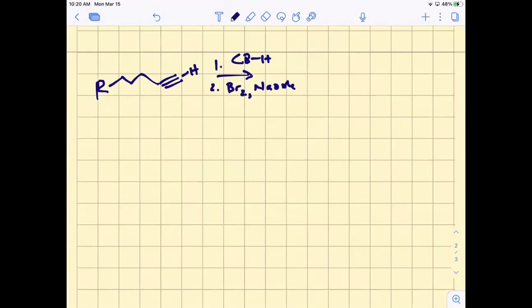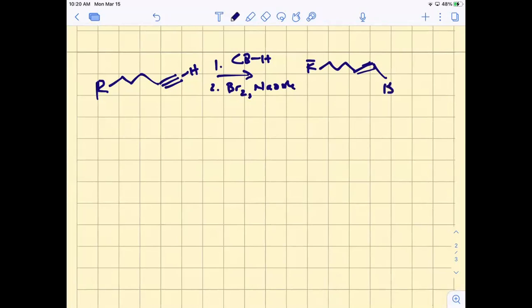All right, so that's that, and then this is your product. Okay, and let me show you that, and then we're going to talk about how it happens. All right, so now this is, need to fix that because it happens with syn addition.